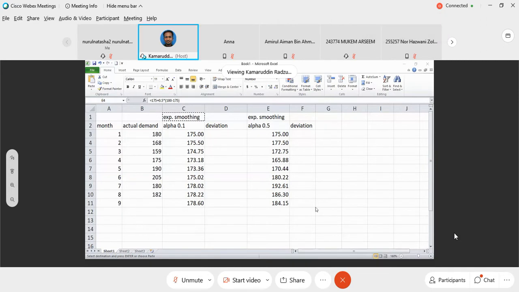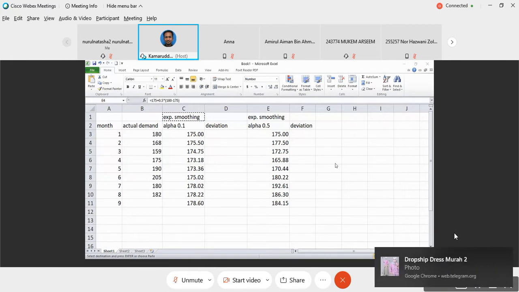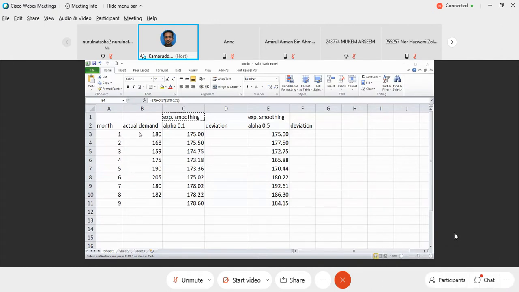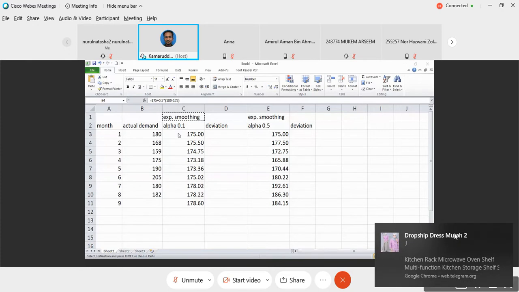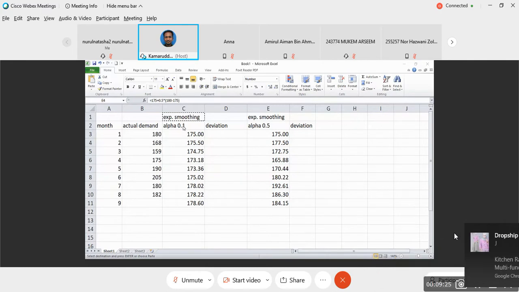Okay, alright. Let me do the exponential smoothing calculation for forecasting the example data that we have in the slide. Let's say we have information about the actual demand from January to August. Based on the exponential smoothing, we are using an alpha value of 0.1.